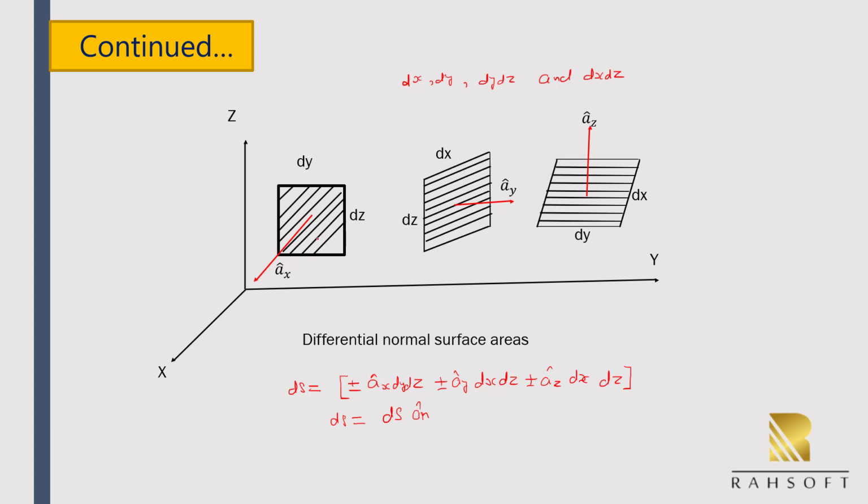So for the above three surfaces, ds is equal to dy dz unit vector ax, ds is equal to dx dz unit vector ay, and ds is equal to dx dy unit vector az.